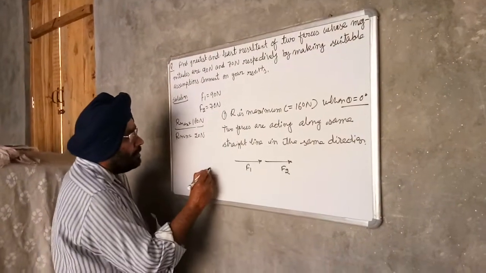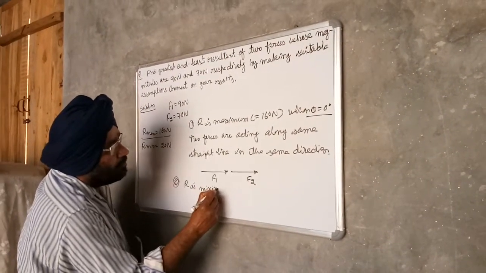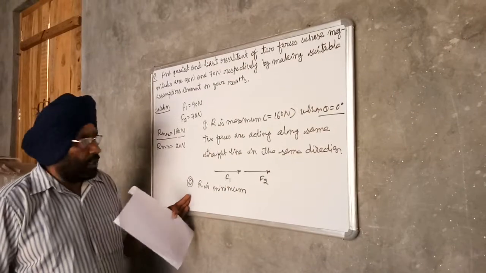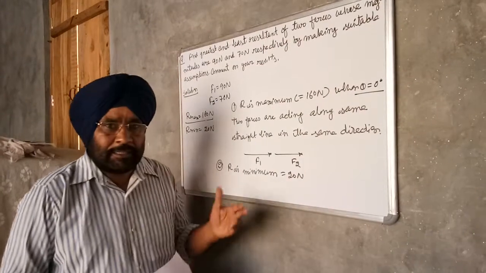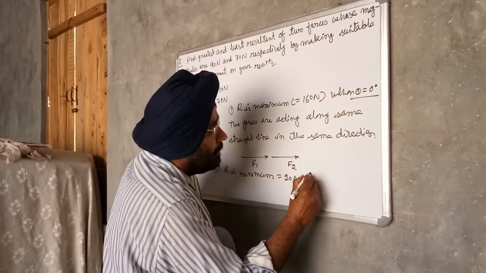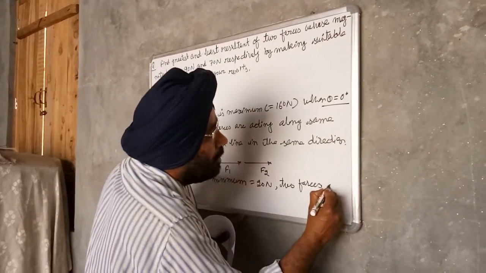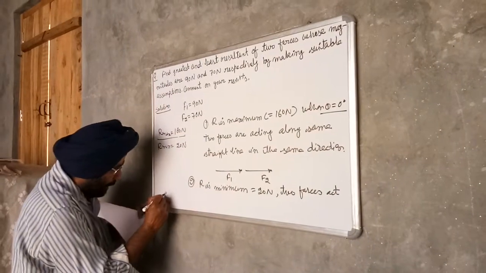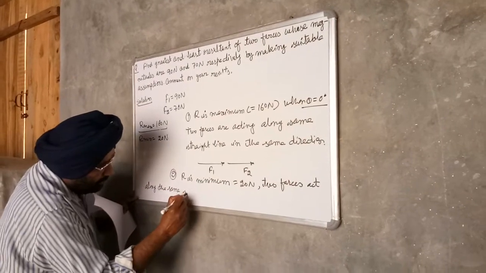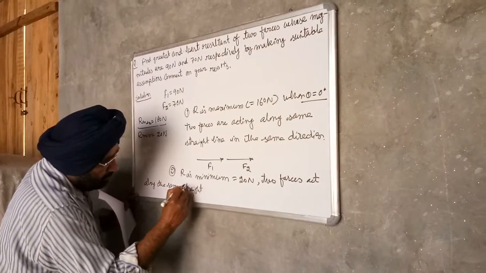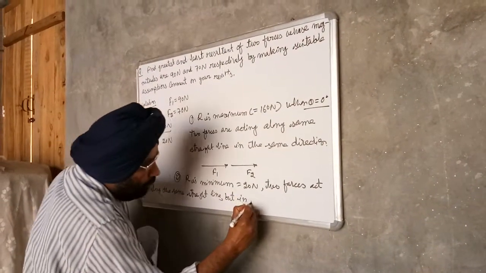Second, the resultant force R is minimum, the least value, which is equal to 20 Newton, when the two forces F1 and F2 act along the same straight line but in the opposite direction.